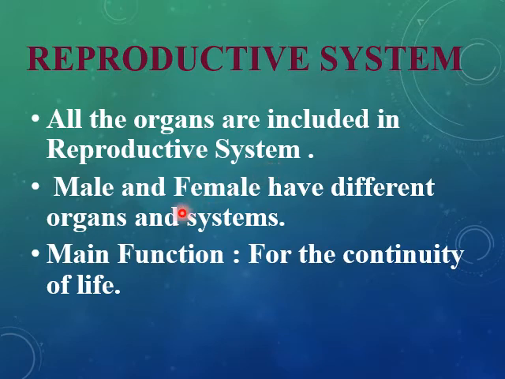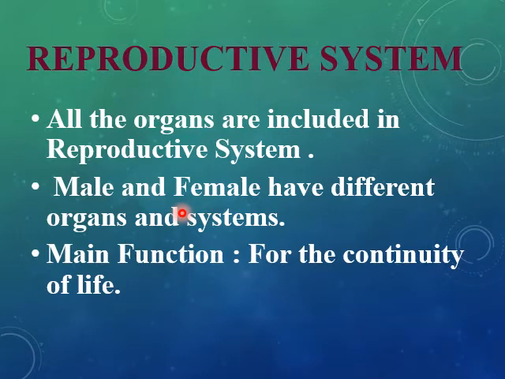The reproductive system helps the living organism to produce their young ones of their own kind. As we have studied about reproduction. Reproduction means to produce the young ones or to give birth to the young ones of own kind.